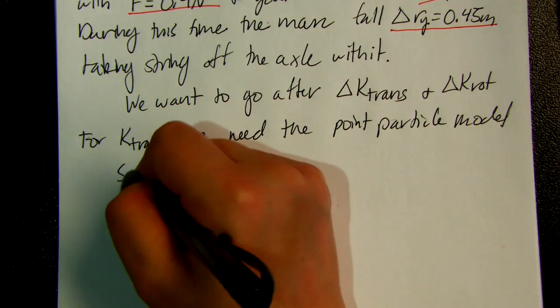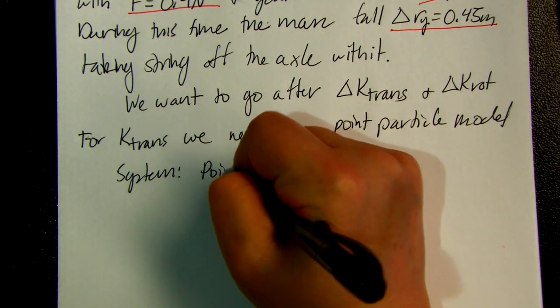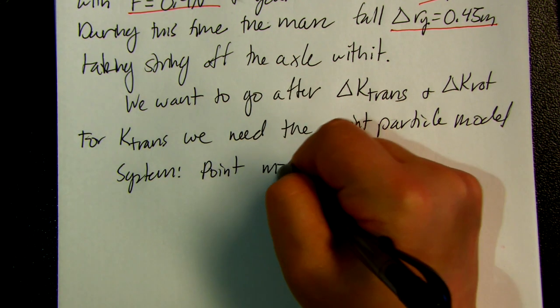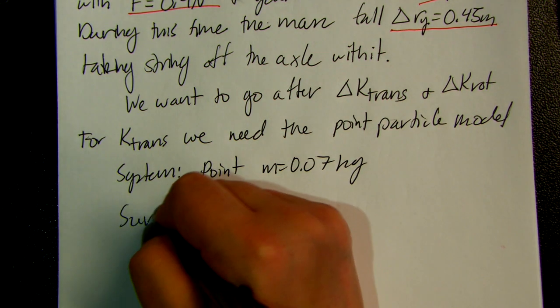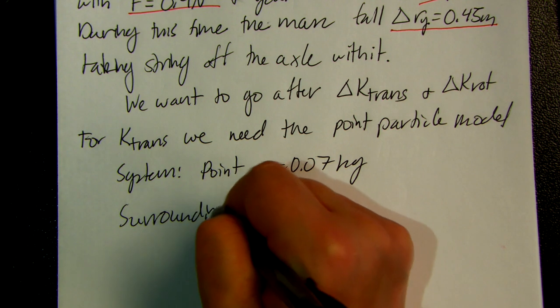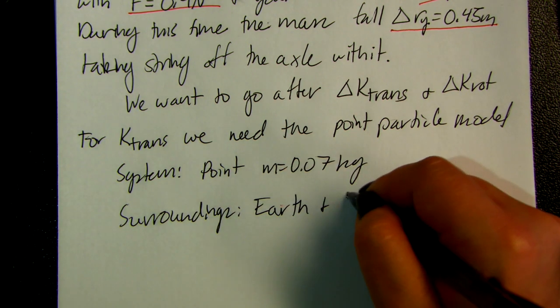So in this case, our system is the point with mass 0.07 kilograms, and the surroundings are the earth and hand.